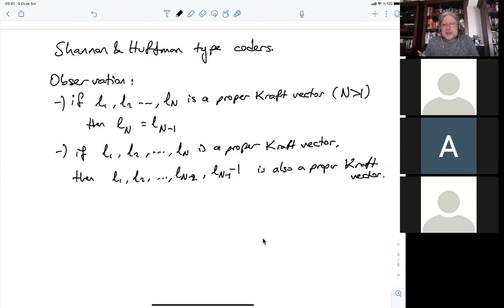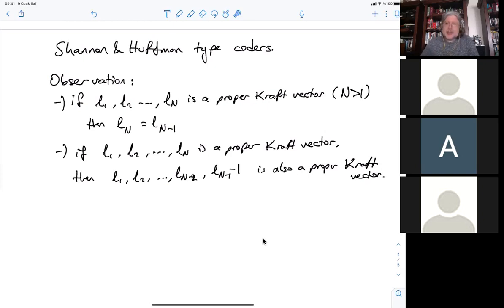So I'm actually reducing one branch from the system, a shorter Kraft vector I'm coming up with, and its lengths are as follows. The last length is one less than this one. So if this is 4, for example, this is 3, and Ln minus 3 should also be already 3. And this is also a proper Kraft vector.